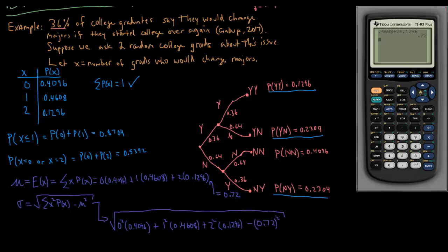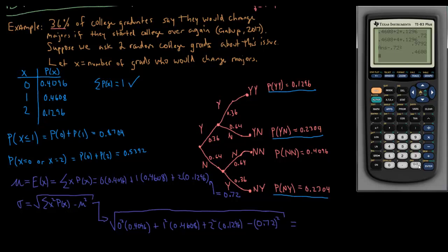So that's the sum of the x squareds times p of x's minus mu, which is 0.72, squared. Okay? So let's see what we get for this calculation. We know that 0 squared is 0, so that first term goes to 0. 1 squared is just 1, so 1 times 0.4608 is just 0.4608. Plus, 2 squared is 4, so 4 times 0.1296. So that is the sum of the x squareds times p of x's, but then we have to subtract 0.72 squared.